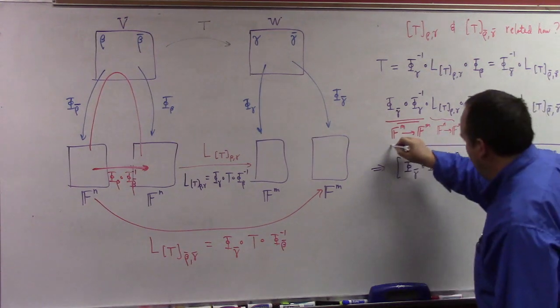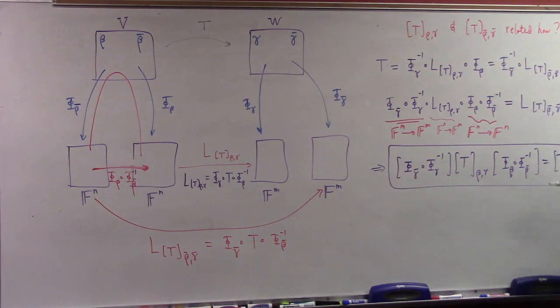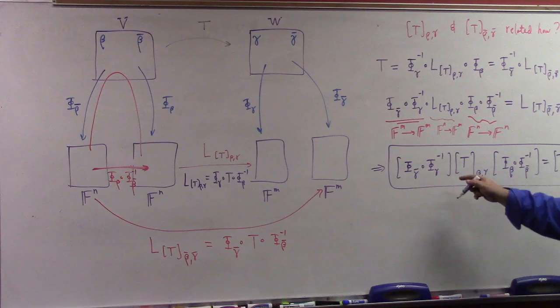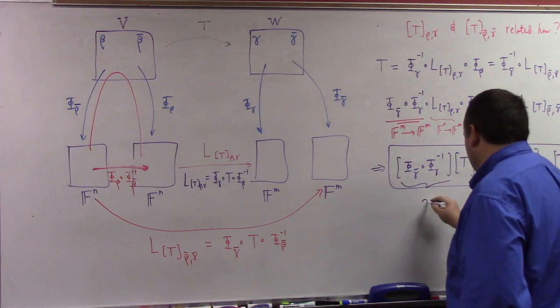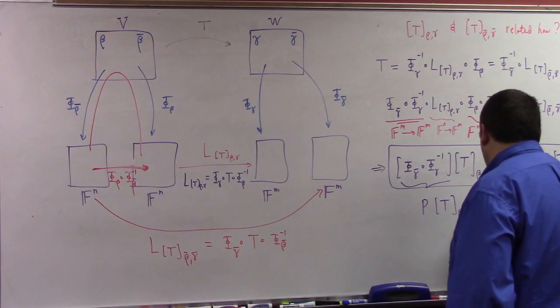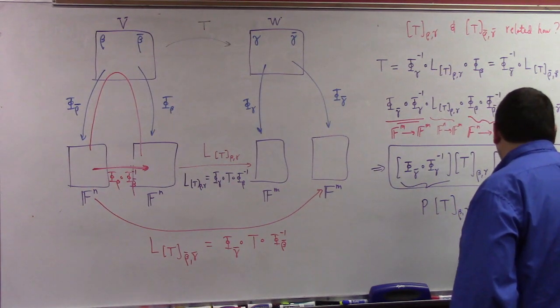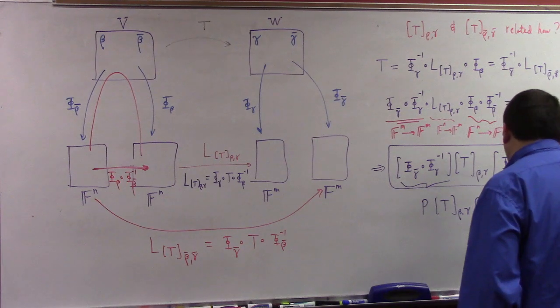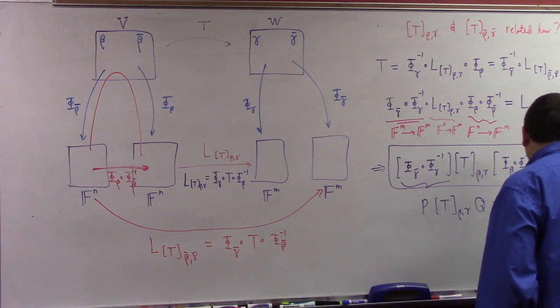And there you go, that's the formula that relates. Now let me be like the textbook and just call this thing P for a second. So you got P T beta gamma Q equals, let's say, T beta bar gamma bar.